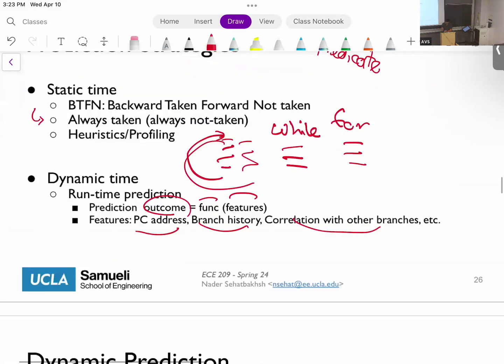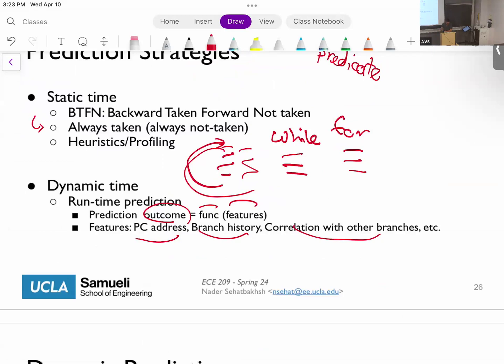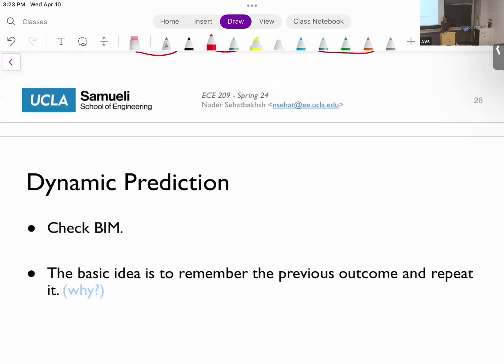All right, so let's do dynamic prediction, and let's start with a very, very simple one. This is what we call a bimodal table, or BIM. This is the first thing that BOOM also uses. When it sees a branch, it feeds it into the BTB, and the BTB checks with that table that I showed you. If it's there, then we're good to go.